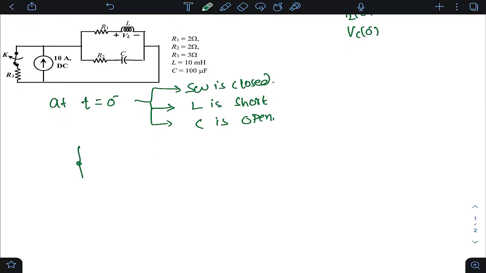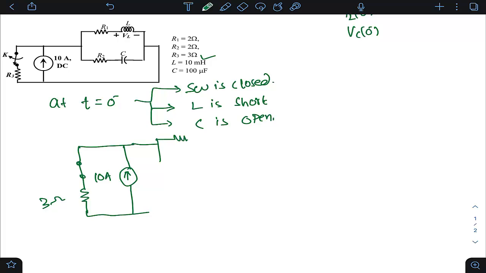So the switch is in closed condition. This is R3. R3 is 3 ohm. And then this is your 10 ampere DC current source. And then you have this R1, whose value is 2 ohm. And then the inductor, it is a short circuit. And then you have R2, and then you have this capacitor like this.